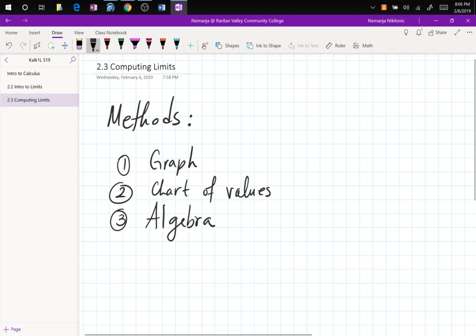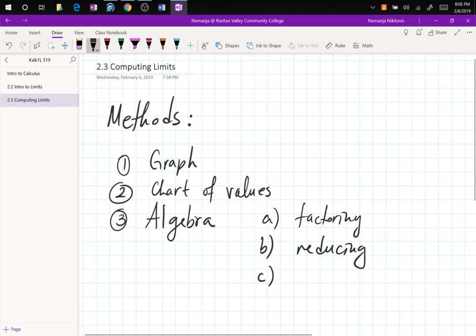Now, what are the algebra methods that we get to use? Well, we can use factoring. We can use canceling. Well, let's go with reducing. Reducing expressions, canceling, but still reducing expressions.